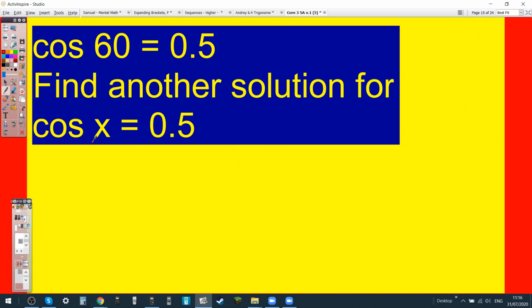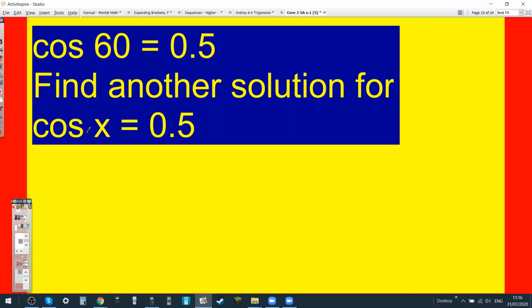Okay, how about this one? So do I just do cos minus 1 of 0.5 and see if that'll give me another answer? You could do that. I got 60 again. And so that's the first answer.